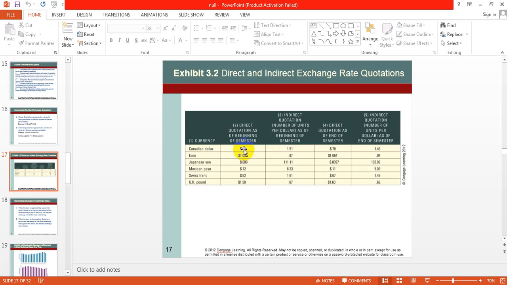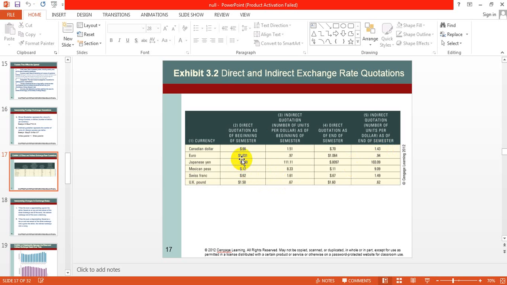The direct quotation appreciates from 0.66 and goes up to $0.70. Now look at the indirect quotation. It was 1.51 6 months ago, and now it comes down to 1.43. So if direct quotation is appreciating from 0.66 to 0.70, the indirect quotation will depreciate from 1.51 to 1.43.